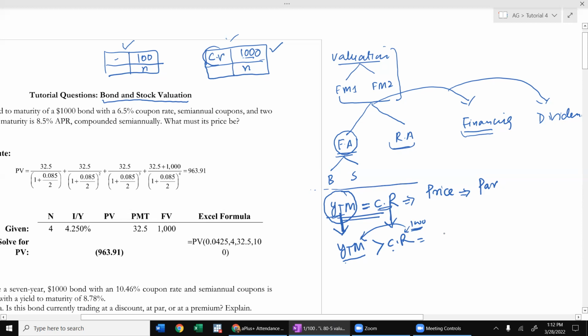So will that bond be trading at discount, premium, or par? Will you pay 1000 for such a bond? Anyone?